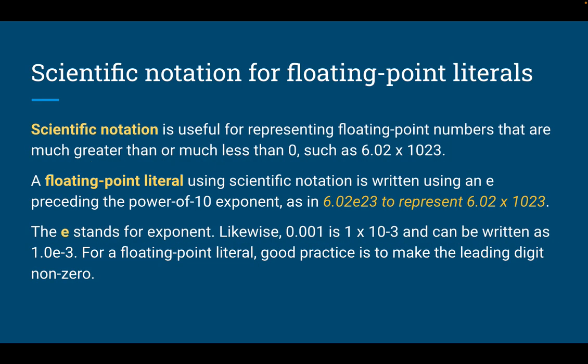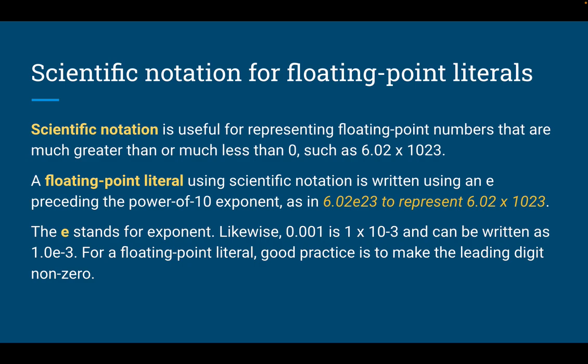All right, scientific notation. The way you would do this in Java is you use the e exponent. So for example, 6.02 times 10 to the 23rd, you would write that in Java as 6.02E23. That's how you represent exponents in Java.